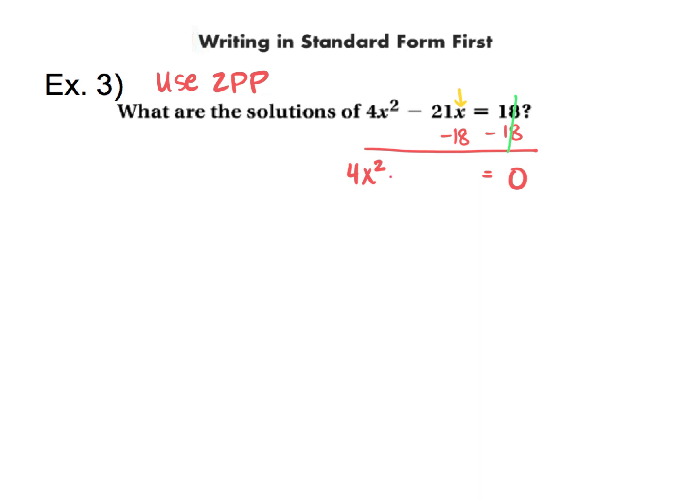So it's really just minus 21x and then minus 18 separately. And now that we're ready for factoring, because we can use the zero product principle, we have our A number, our B number, and our C number, ready to go.